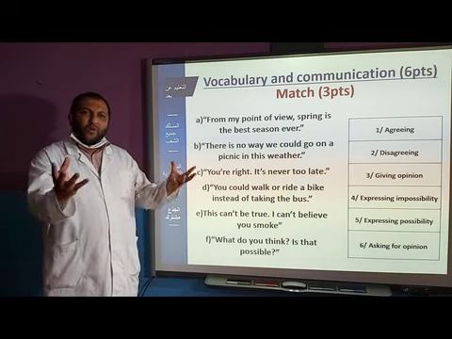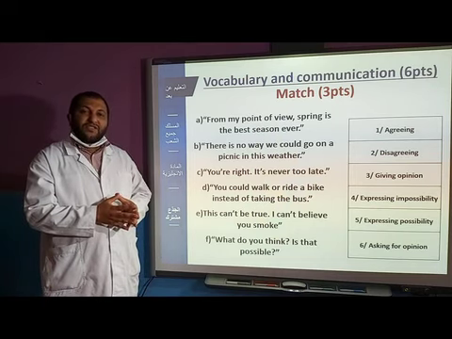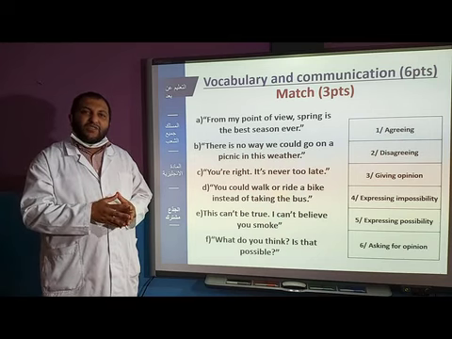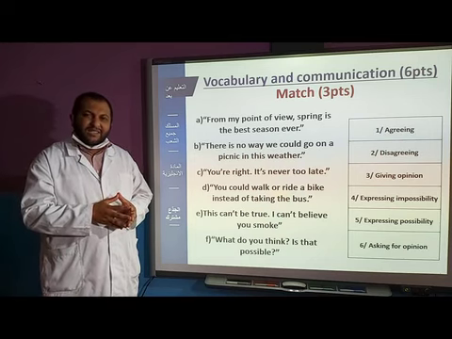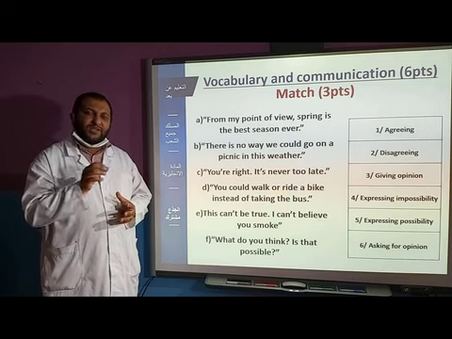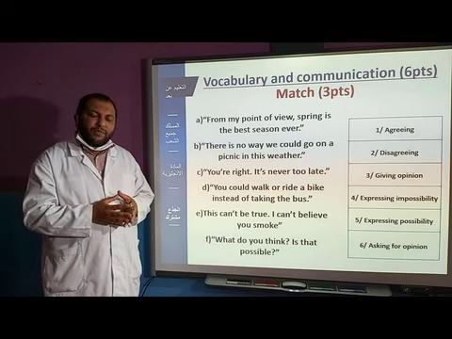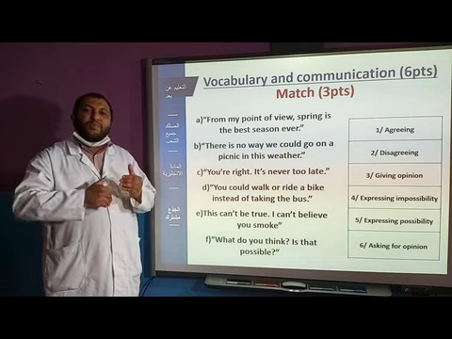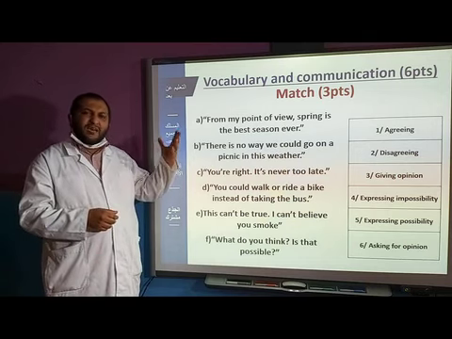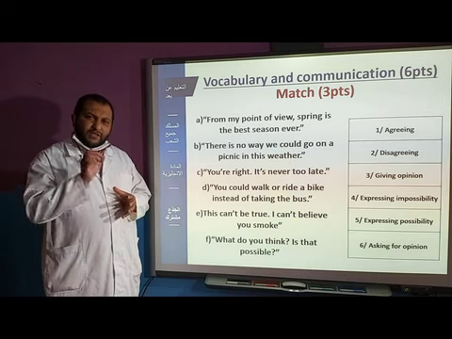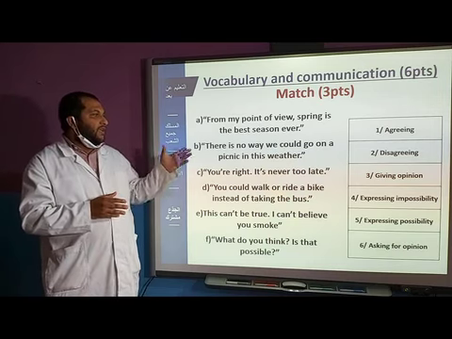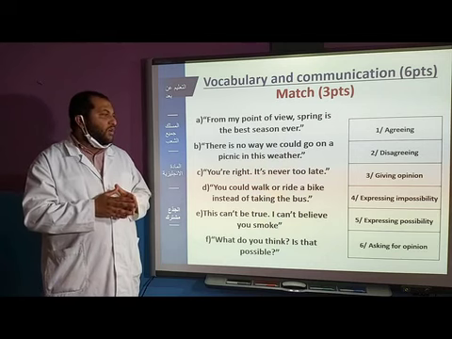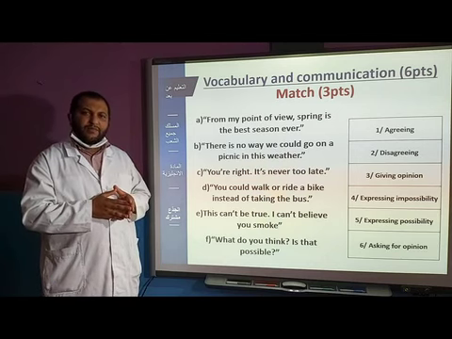So please, while dealing with functions, you must underline key expressions or keywords sometimes, which is very important. Why? Simply because these key expressions are repeated, whereas examples are different. So be careful. B. There is no way we could go on a picnic this weekend.